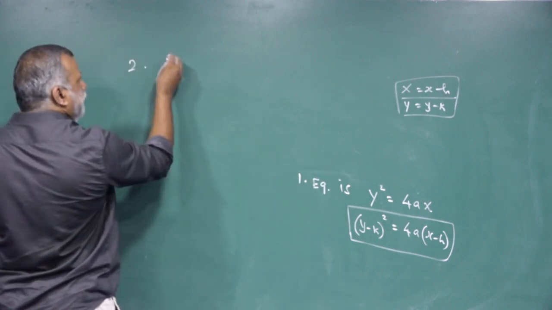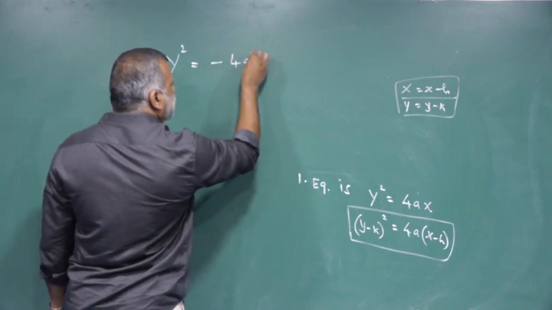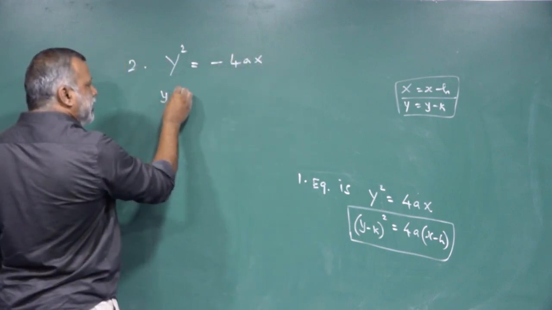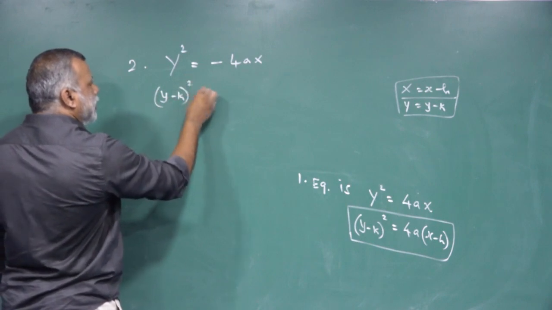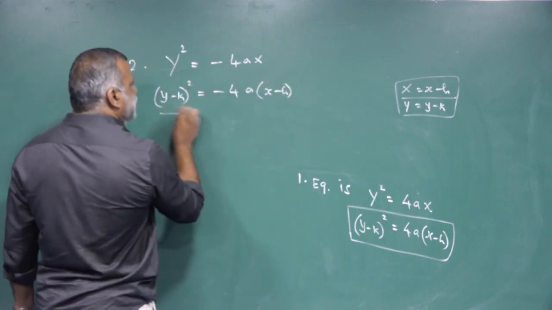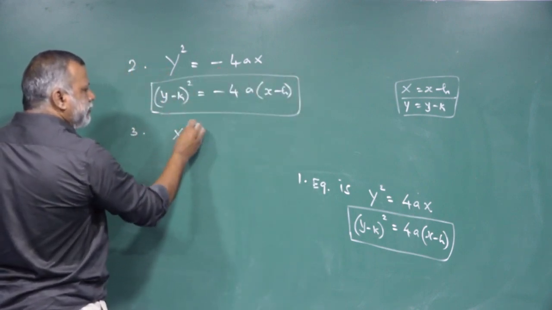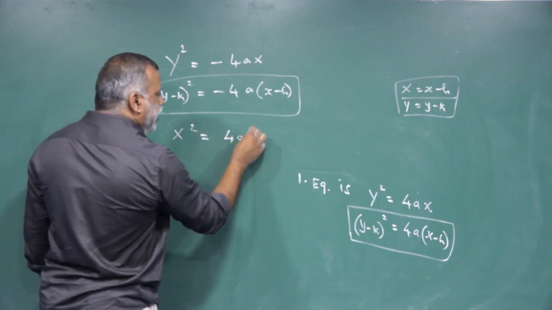Suppose the equation is of the form y squared equal to minus 4ax. So now y minus k, the whole squared, is equal to minus 4a times x minus h. See, this is type number 2. For example, type number 3, x squared equal to 4ay.